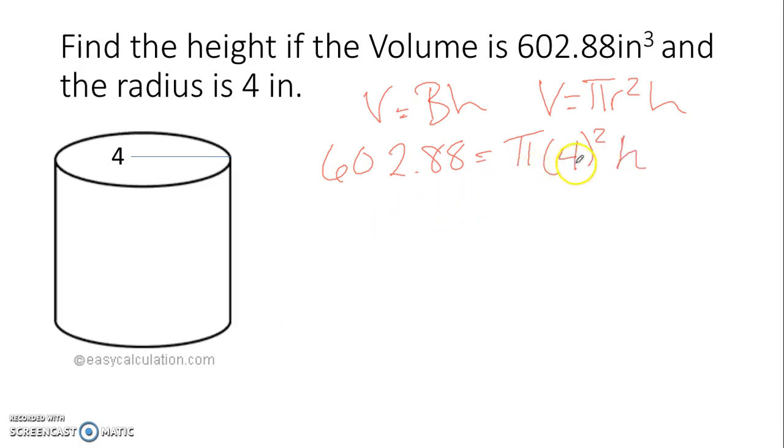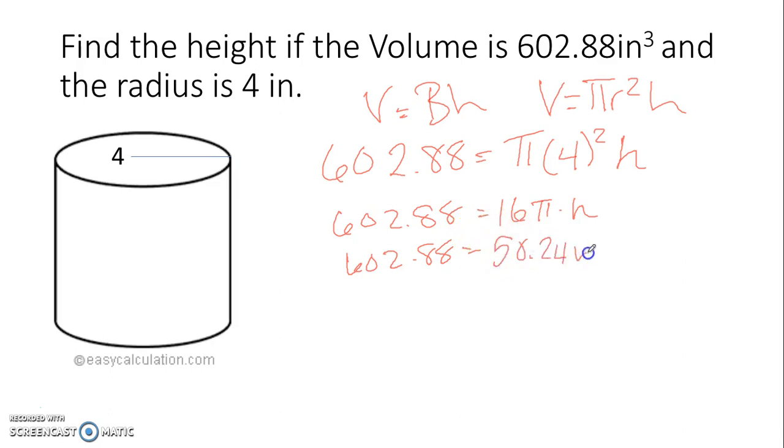Okay, so now we're going to do exponent first, so 602.88 is equal to 4 squared is 16, so 16 pi times h. We are going to multiply 16 times pi. 602.88 is equal to, we want 16 times 3.14, which is, once again, 50.24 h.